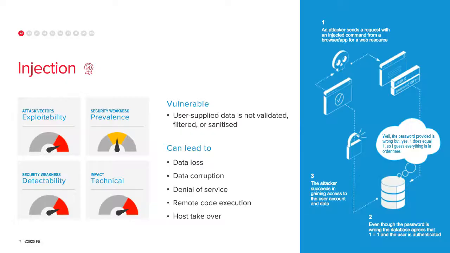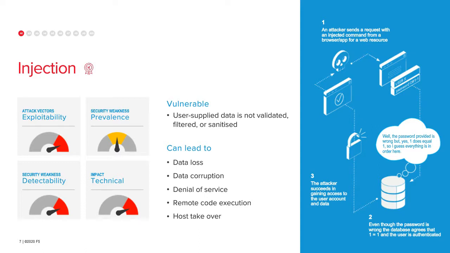Injection has remained at number 1 for the past couple of years; it was number 6 when the top 10 was first released in 2003. What we've also tried to do is take how the OWASP Foundation have categorized these vulnerabilities in terms of their exploitability, their prevalence, so how often they're found in the wild, how easy they are to detect, and ultimately the technical impact if one were to be exploited in an attack.